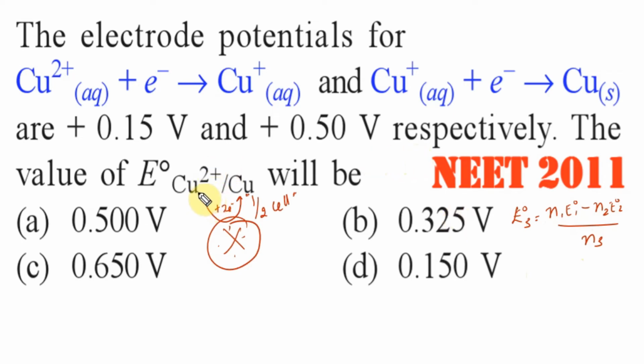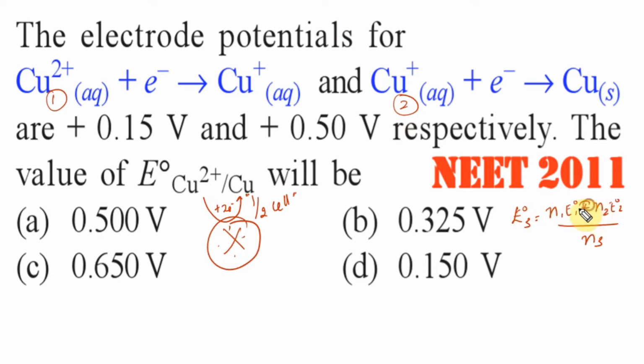So in the final reaction, I want Ce2+ on the left side. So this is my first equation, this is my second equation. Alright, so now if I add the equations as they are, do you get this? Ce2+ and Cu gives you Cu+ is here. If I add it, I will get Cu2+ giving you Cu. So I'm basically going to add the equations, so I don't have to use this. I can just put a plus sign here.